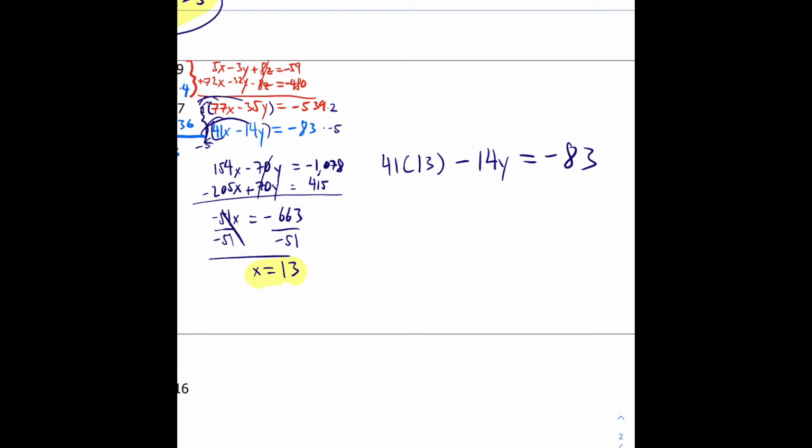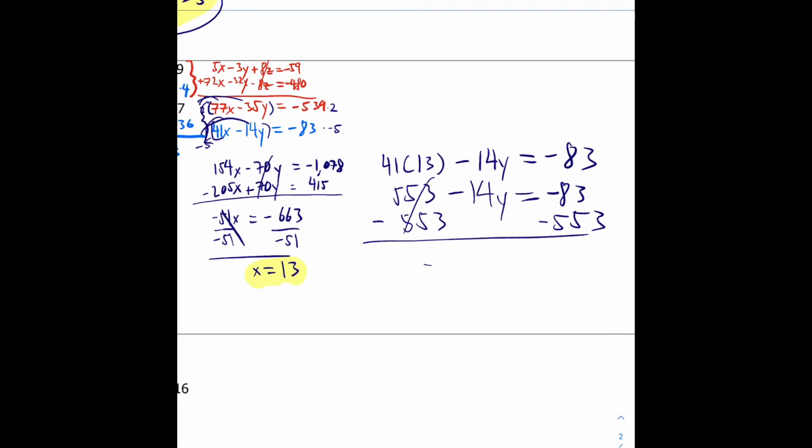And 41 times 13 is going to be 553 minus 14y equals negative 83. And subtract 553 from both sides. Negative 83 minus 553 equals negative 636, divided by negative 14 on both sides.